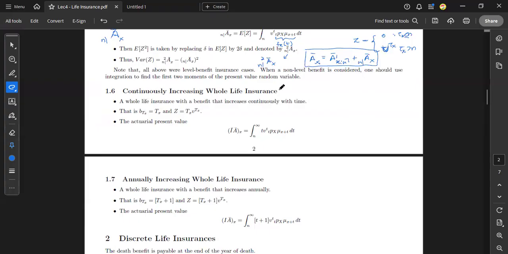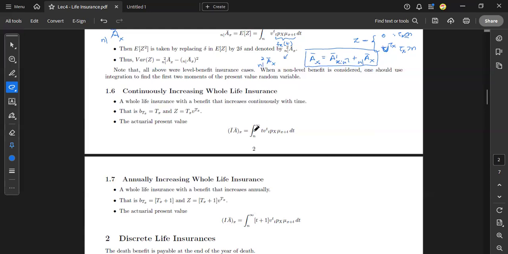So up to this point, in all these 5 cases, whole life, term life, pure endowment, and the deferred whole life, we considered that the benefit was fixed and level. And I also mentioned that if the benefit is a step function, we can still replicate that portfolio using a combination of level premiums.